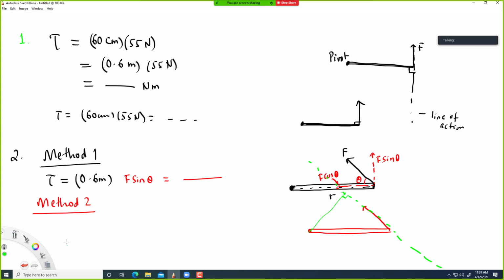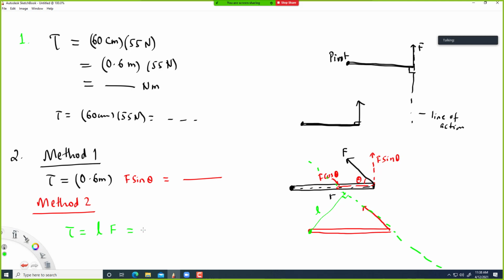So, torque would be the perpendicular distance between the pivot and the line of action, this distance, which is L, times force. Okay.